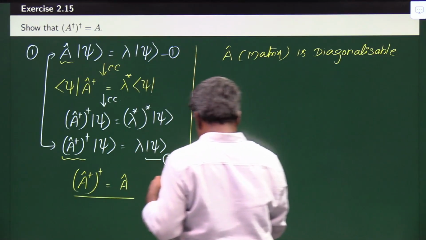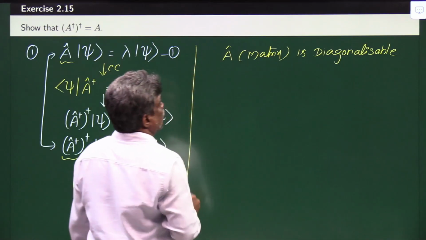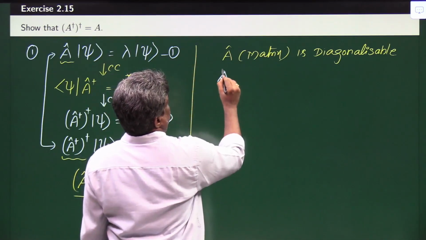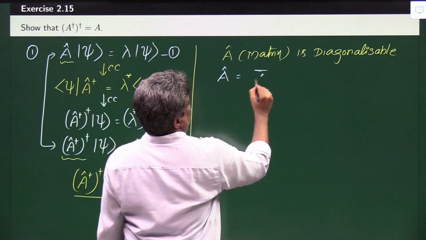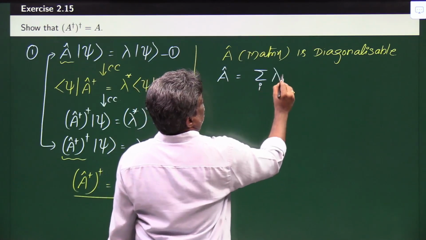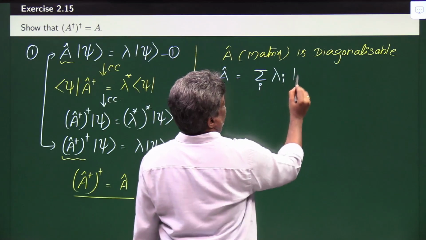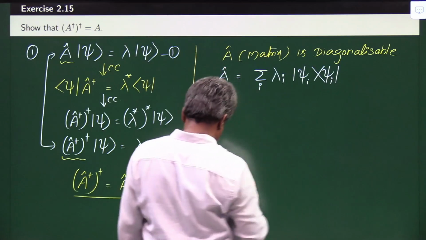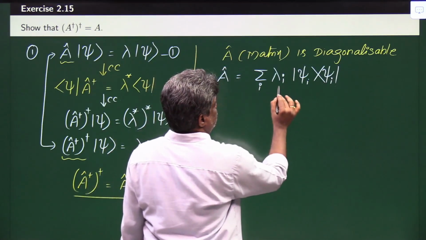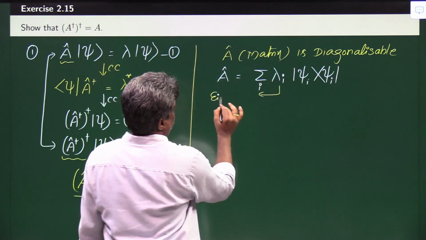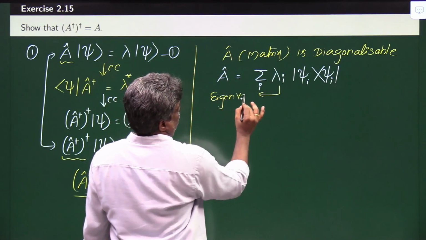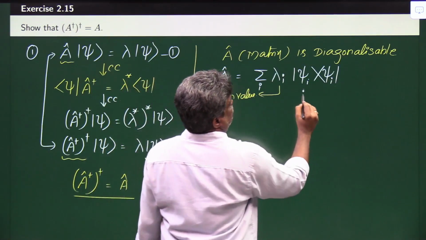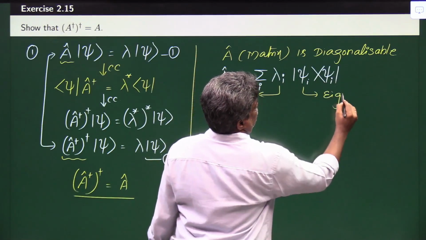Okay, then if it is diagonalizable, we can write this operator A as the linear combination, summation over i, lambda i, outer product psi i psi i. Remember, this lambda i is nothing but the eigenvalues of A, and these are the eigenstates.